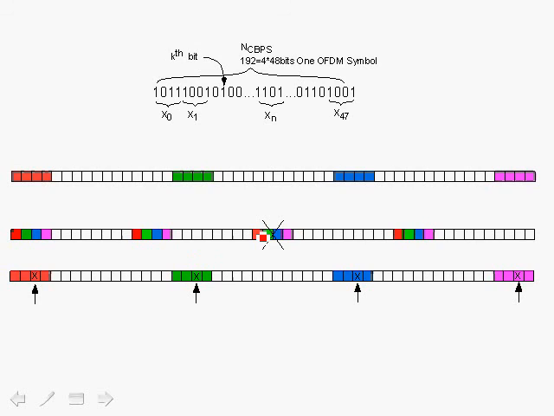So this bit would appear over here, and the green bit would appear here, and the blue bit, and so forth. The point is that if this carrier was eliminated due to a deep fade, for example, then the bits associated with the loss of this carrier are in random locations, so that the Viterbi decoder will receive bit errors in these locations, which, as far as the Viterbi decoder is concerned, are in random locations.